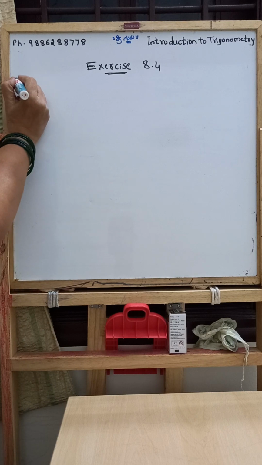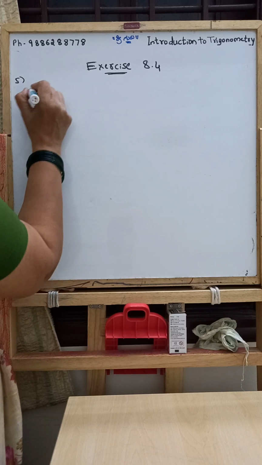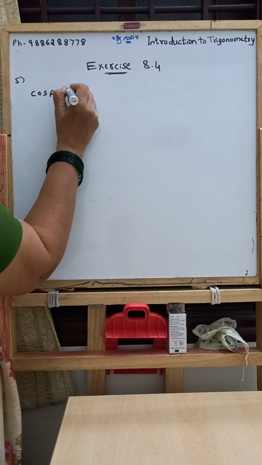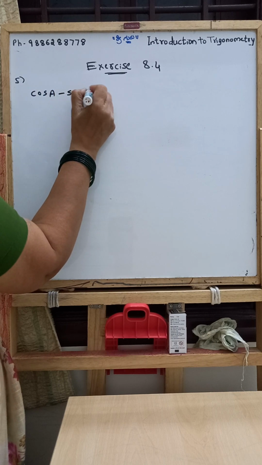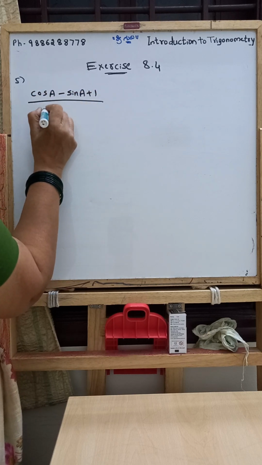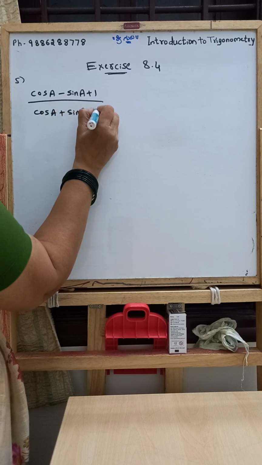Then the fifth one. Here we take LHS as (cos A minus sin A plus 1) divided by (cos A plus sin A minus 1).